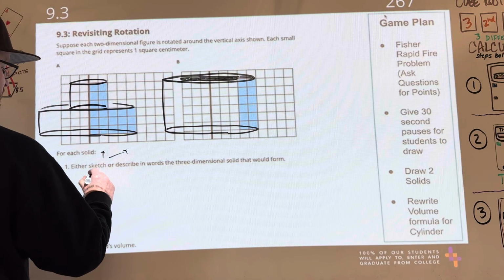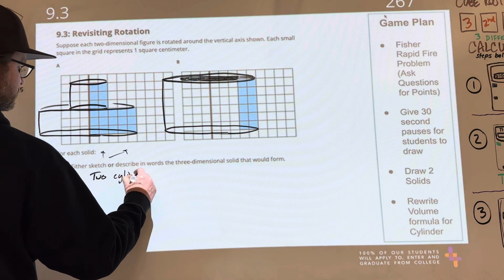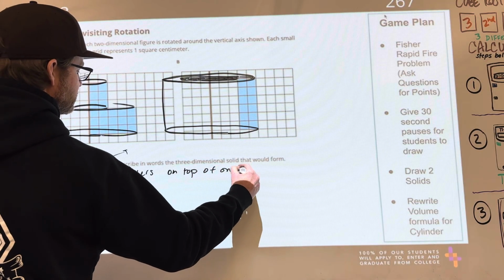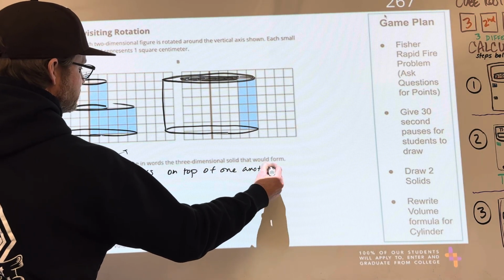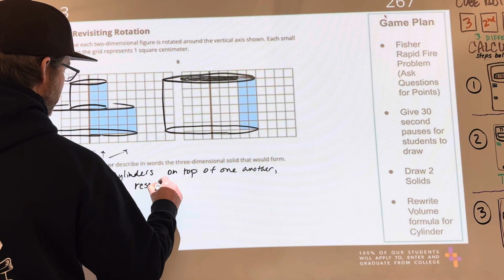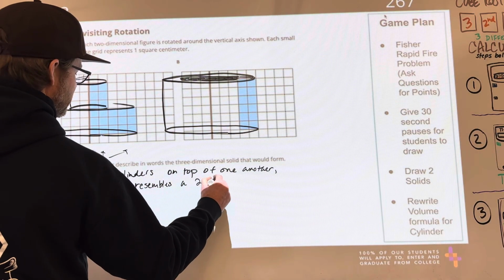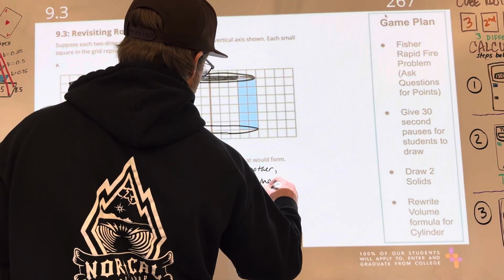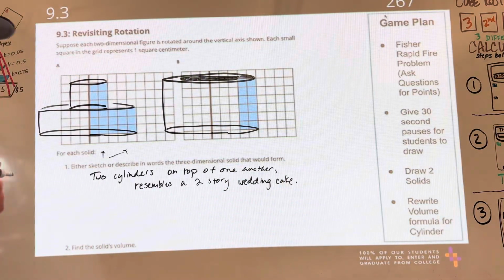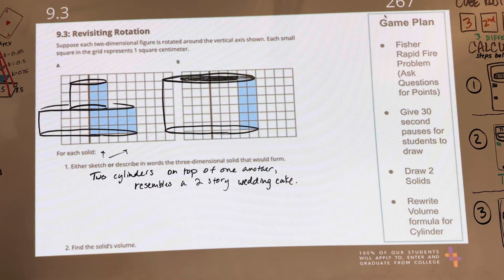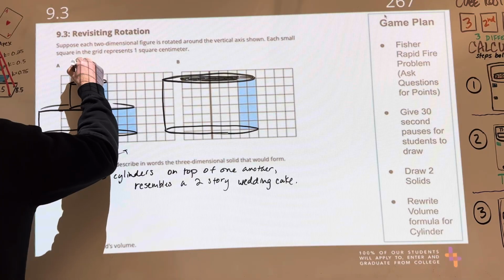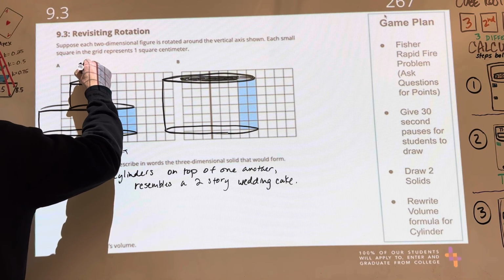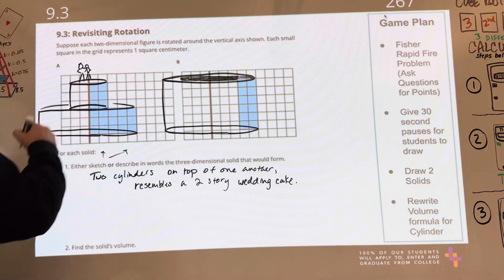Describing words. 2 cylinders on top of one another. Resembles a 2-story wedding cake. Imagine a bride and groom up top.